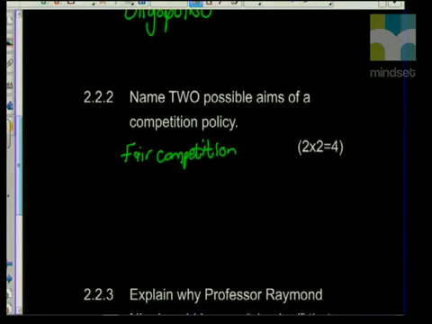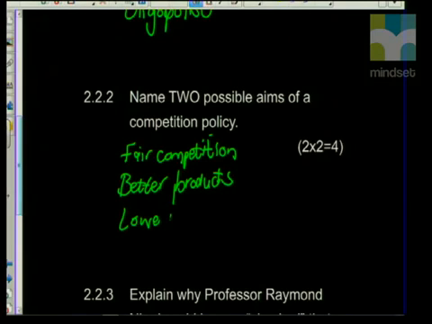Very important. There must be fair competition. Everyone must have a fair chance to take part in the economy. Better products or services. And lower prices.